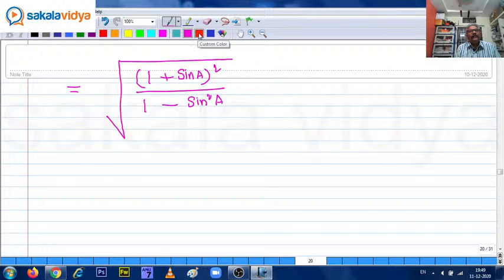Again we need to recall the sin square A plus cos square A value, whose value is 1. Am I correct? Right?